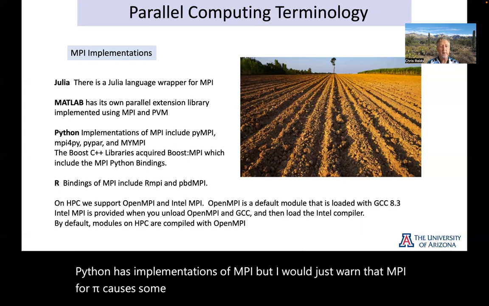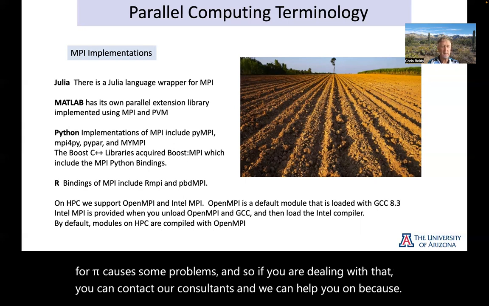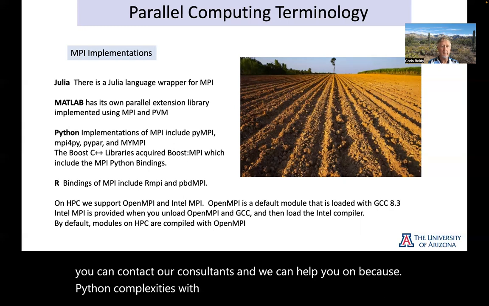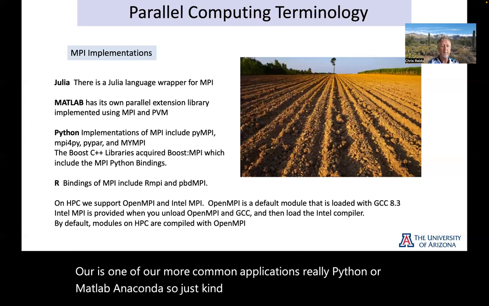And so if you are dealing with that, you can contact our consultants and we can help you, because Python complexities with MPI can be challenging. R is one of our more common applications, really Python, R, MATLAB, Anaconda, which is kind of Python again, are the most common ones.